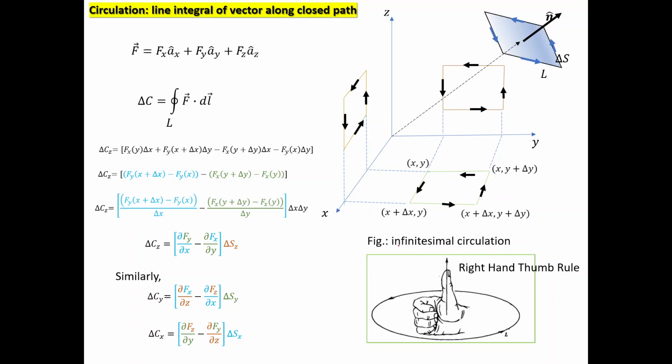Now, since this is an infinitesimal circulation, we will replace this integral simply by circulation, and since there are total 4 paths, we can write 1, 2, 3, 4.